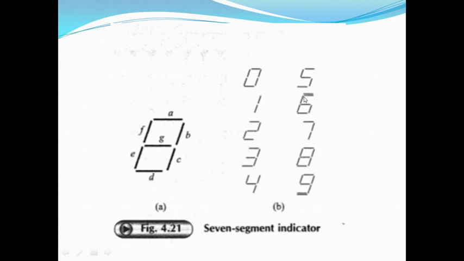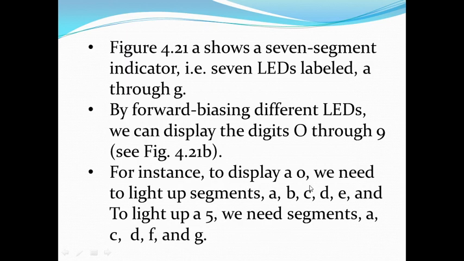Here you can see that with the numbers 6 and 9, double lines are shown. These double lines indicate that that particular LED segment may or may not light up. Depending on that, it will display as a 6 or a 9.